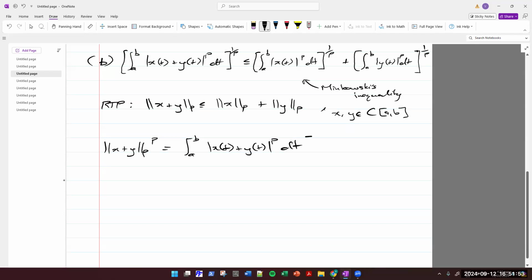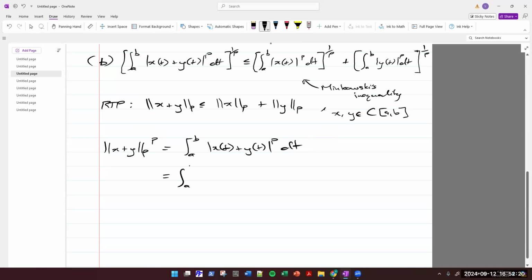Before, you had this thing raised to 1 over p, but because I am raising it to the power of p over here, that part goes away. So what I'm going to do, the trick, is the term that you are integrating, we're going to pull apart.